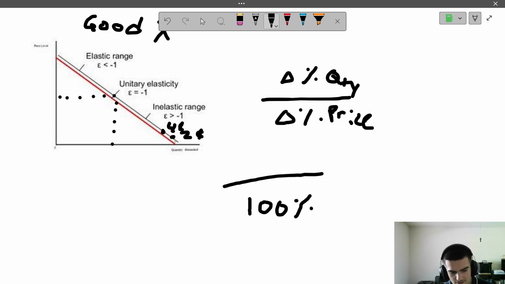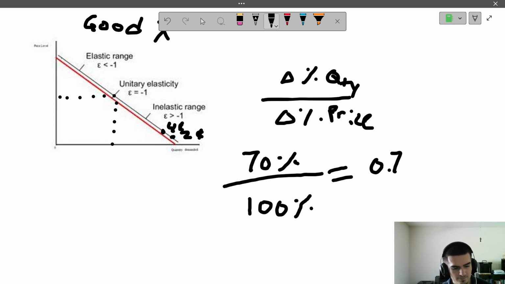But our quantity didn't double. It went from about this much to about that much. I couldn't tell you the exact number, but it isn't 100%, so let's say it's 70%. Well, that is a 0.7 elasticity coefficient and therefore inelastic.